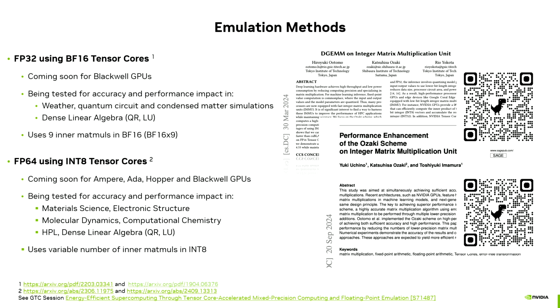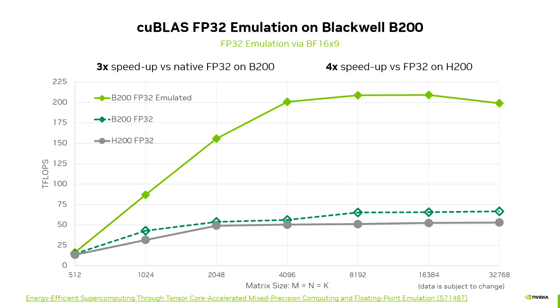I'm going to show you just a few highlights of performance in matmuls and in end-to-end benchmarks real quick. If you look at how we're emulating FP32 in cuBLAS on Blackwell B200, you can see, by looking at the solid line with diamonds, that we consistently have speedup above matrix sizes of 512.